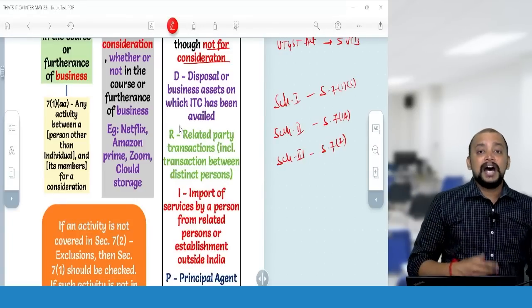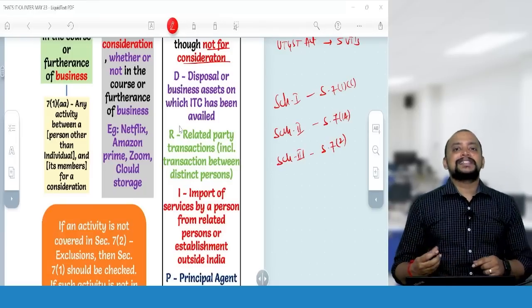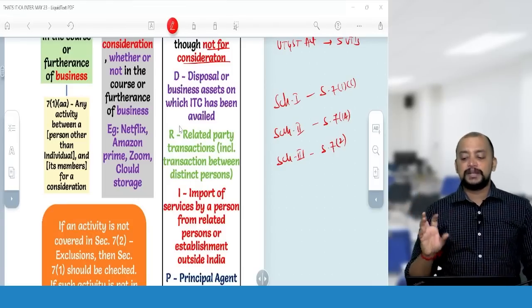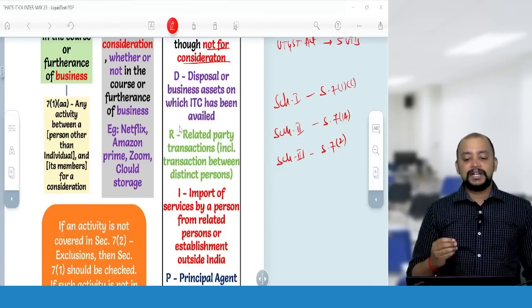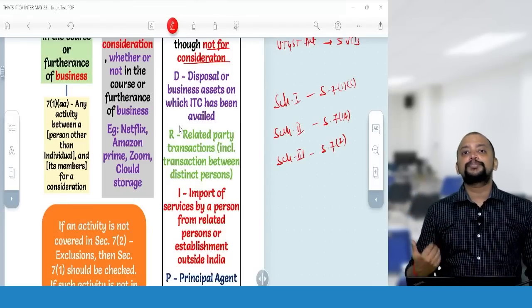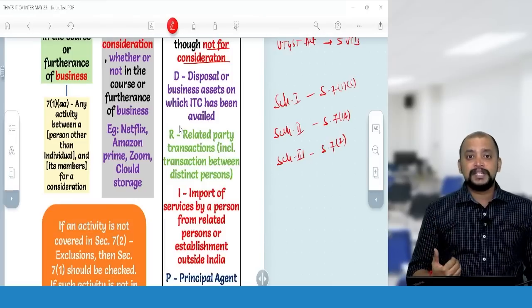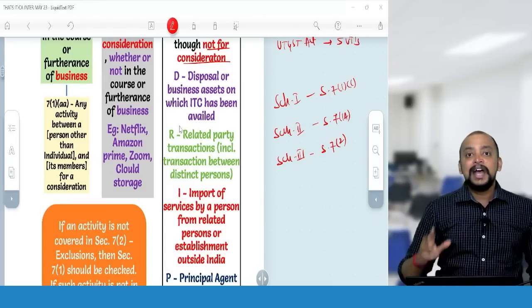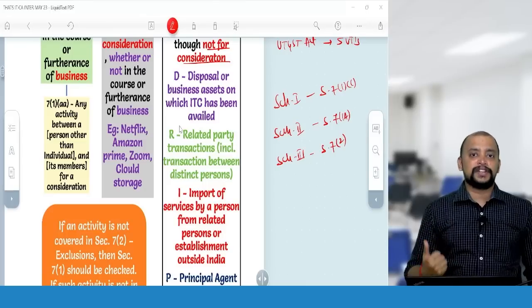Number 2, R for related party transaction or transaction between distinct persons. There are some related parties and distinct persons. Between them, if there is any transaction, that will come under related party transaction. I for import of services: import of services from a related person or another establishment located outside India, and that is again in the course or furtherance of business.